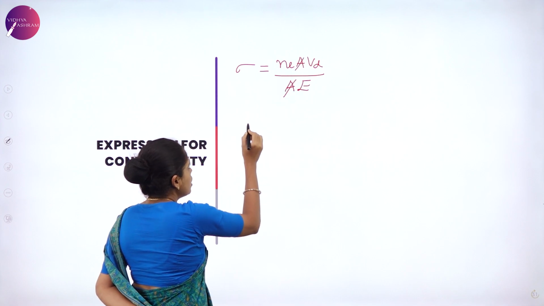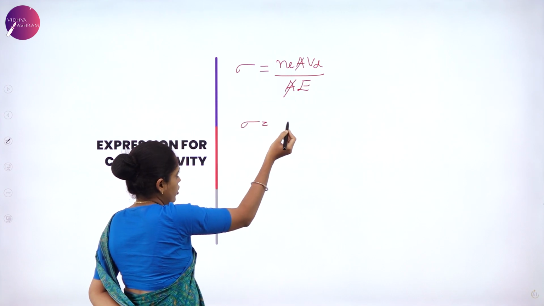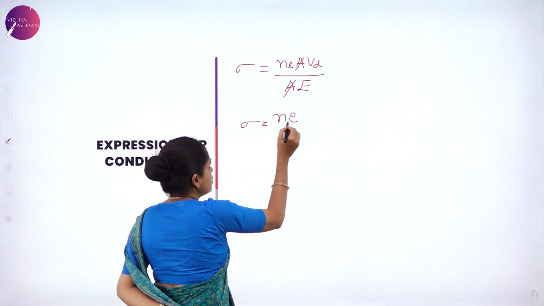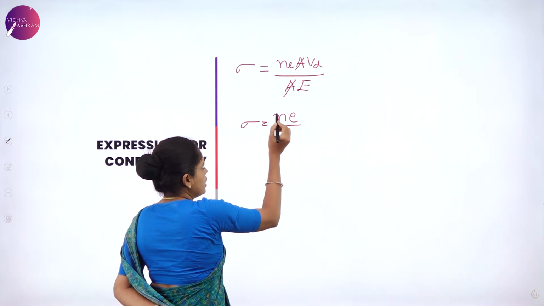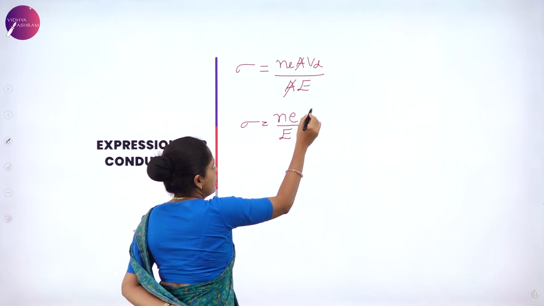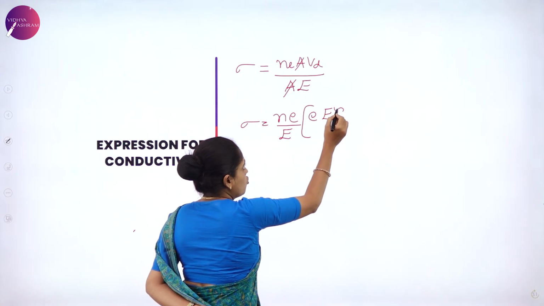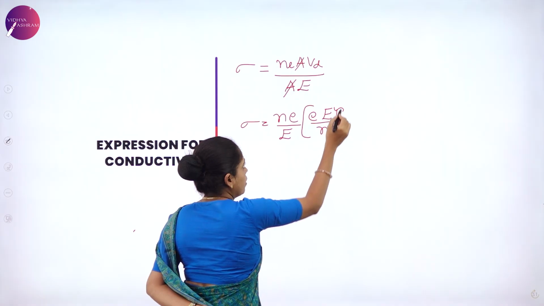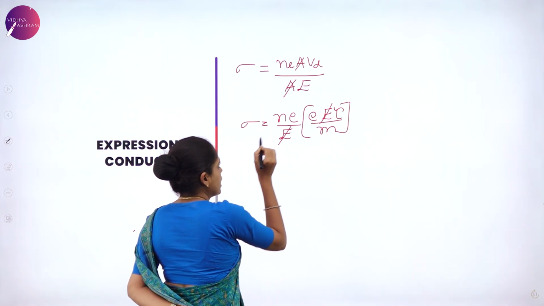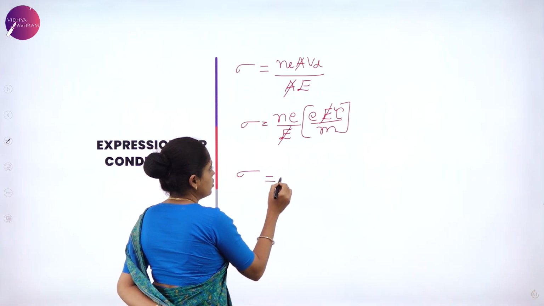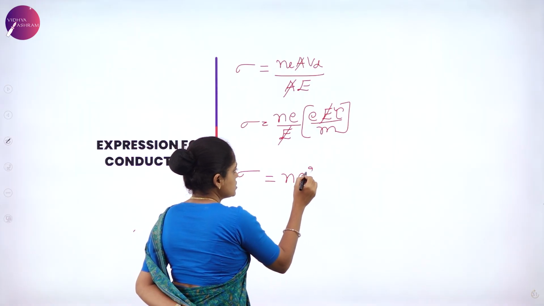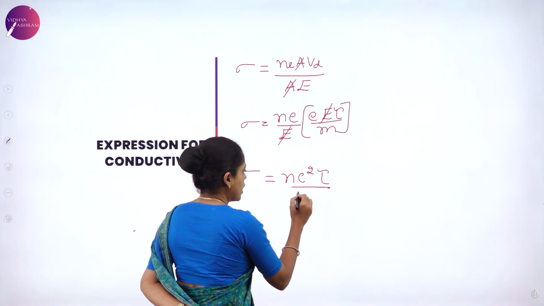A and A cancel. Now substitute for Vd. Then we have sigma as N e by E times the expression of Vd, which is e E tau by m. E and E get cancelled. So sigma is equal to N e square tau by m.